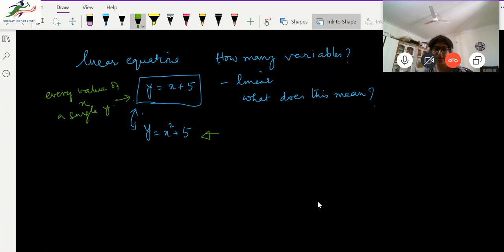And what about the second equation? We will have two solutions. No, what is the physical meaning of that? Here, for two values of x, y will have the same value, right? Yes, sir.